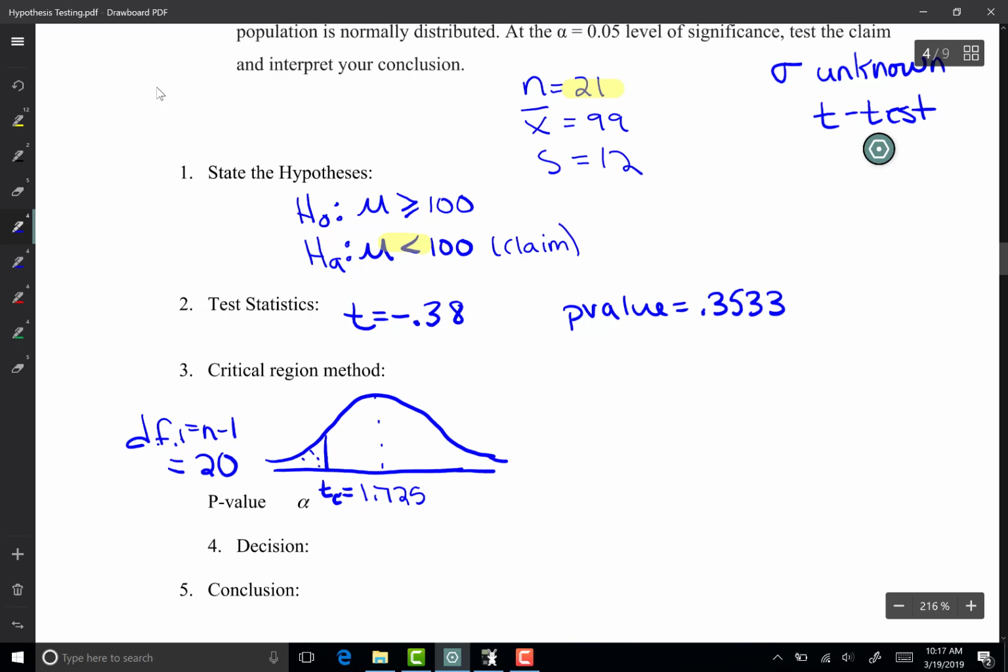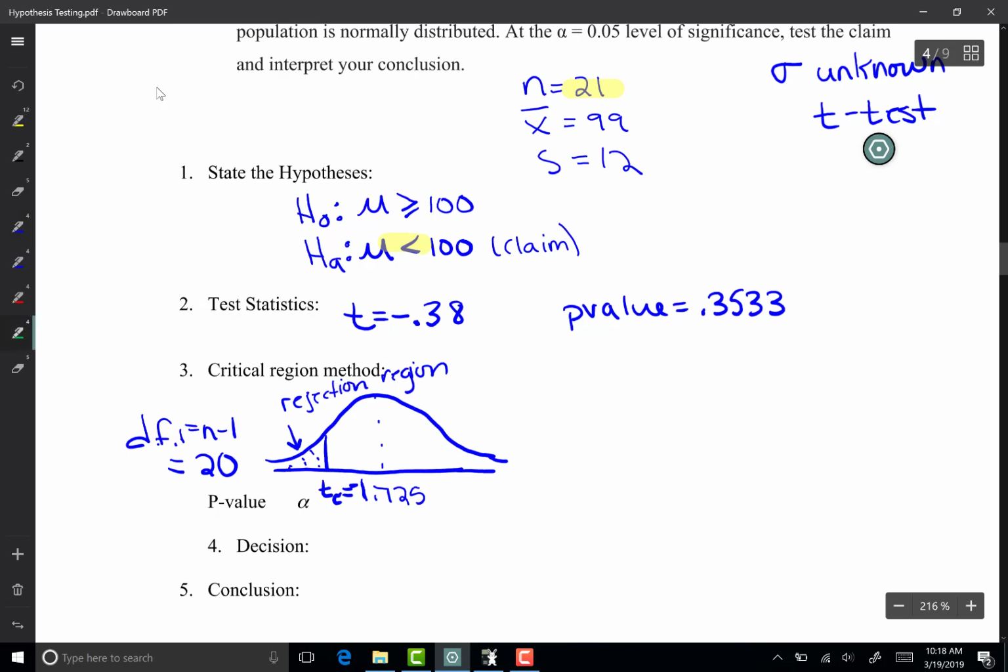Remember, this area right here is my rejection region. So if my test statistic falls there, I reject. This is negative 1.725, since it's a left-tailed test.